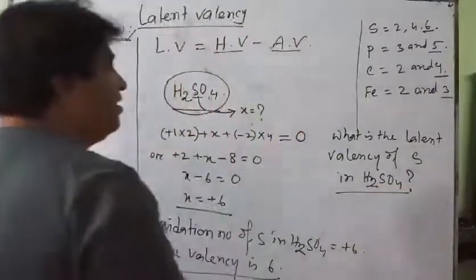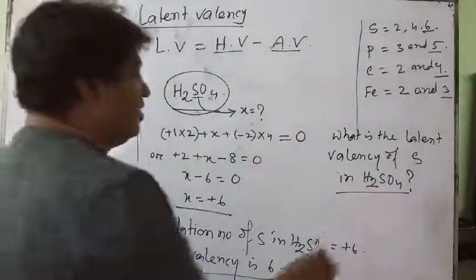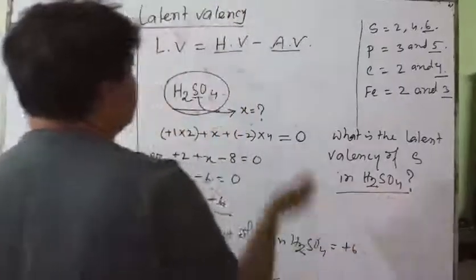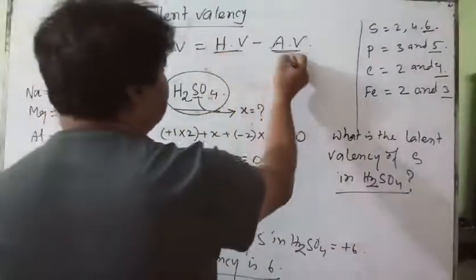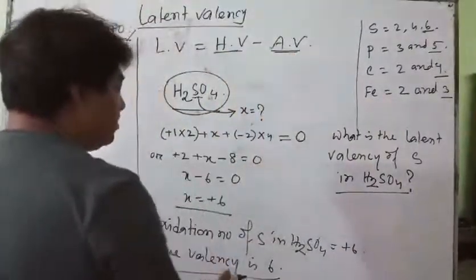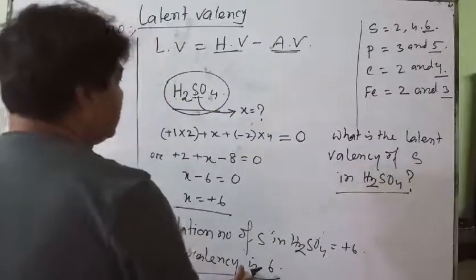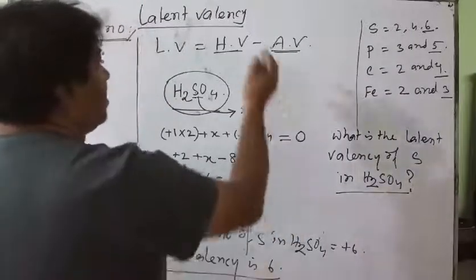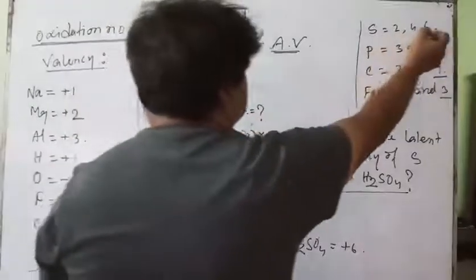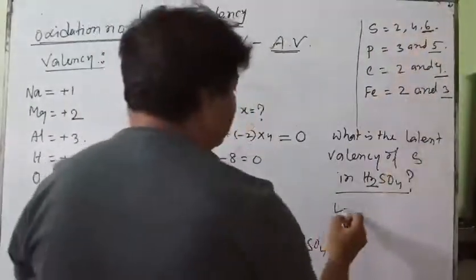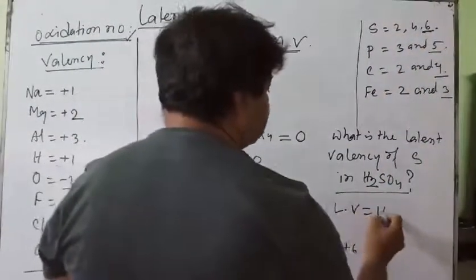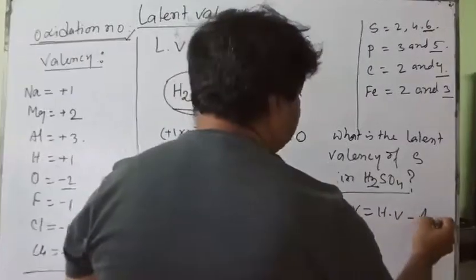To know the latent valency of sulfur, we have to know the highest valency and active valency. Already we found the active valency of sulfur in sulfuric acid is 6, and the highest valency we already know is 6. The latent valency equals highest valency minus active valency.